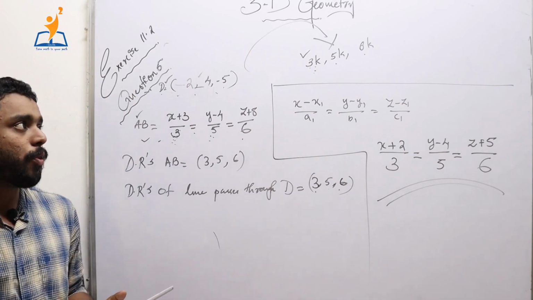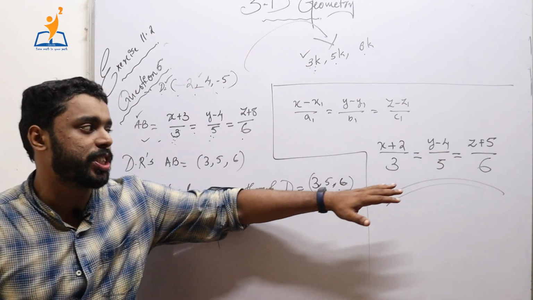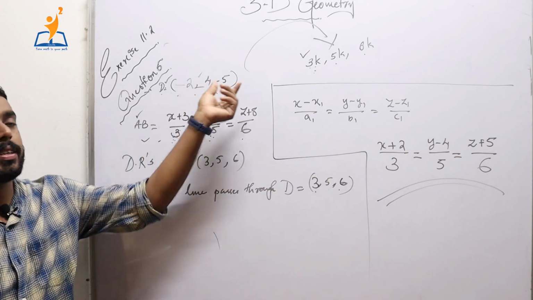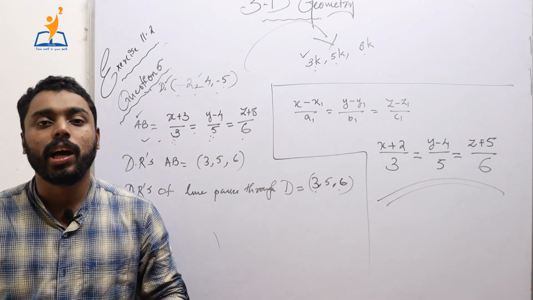So it doesn't matter what the value of k is, you will get an equation like this, which is the equation of the line which passes through the point D. Now we shall move to the next question.